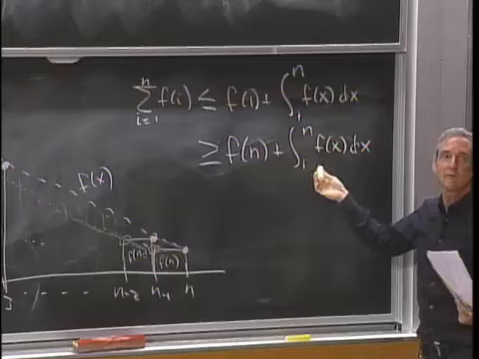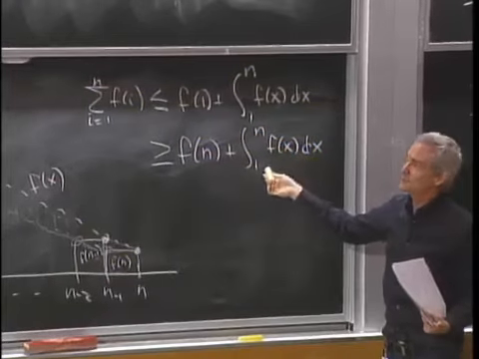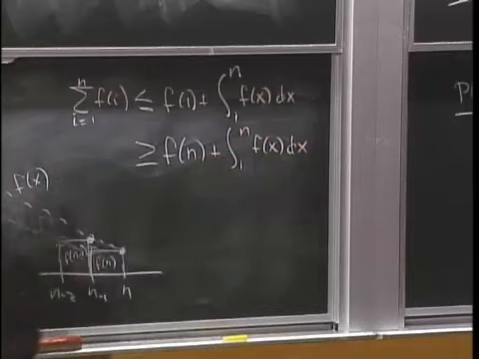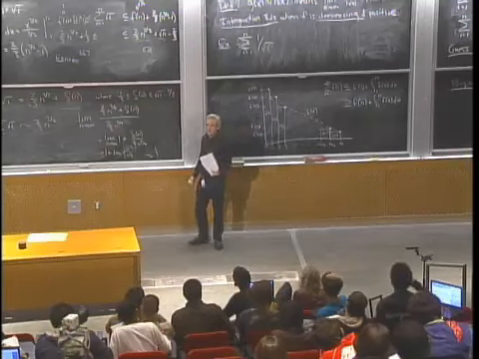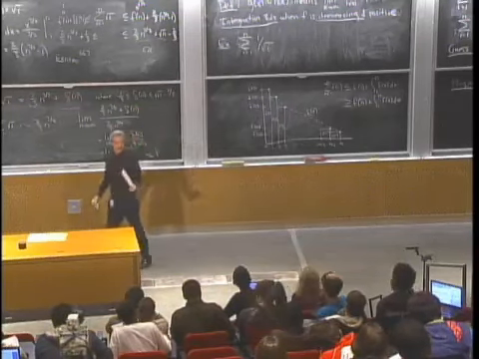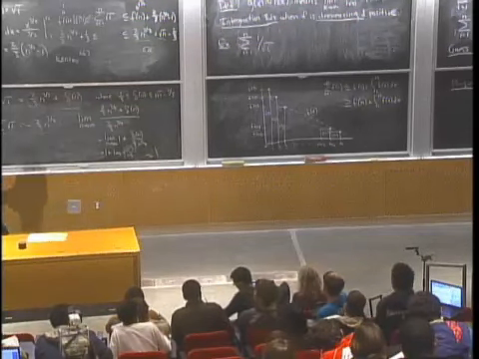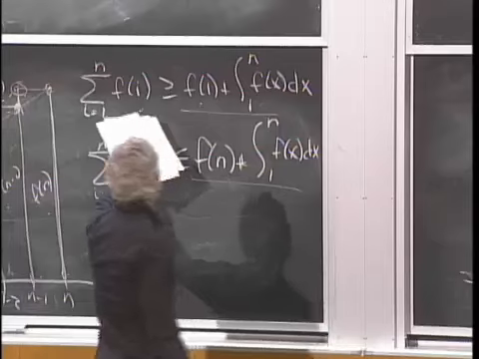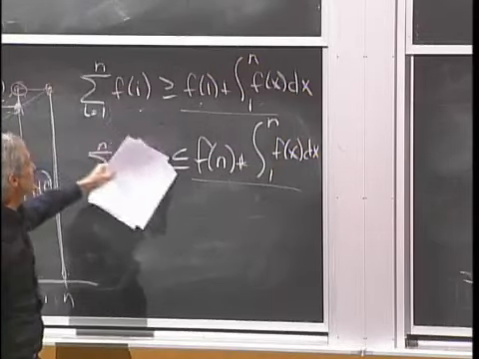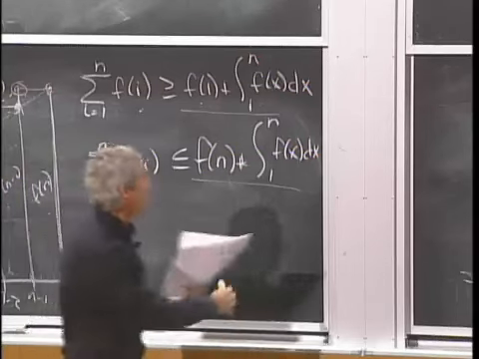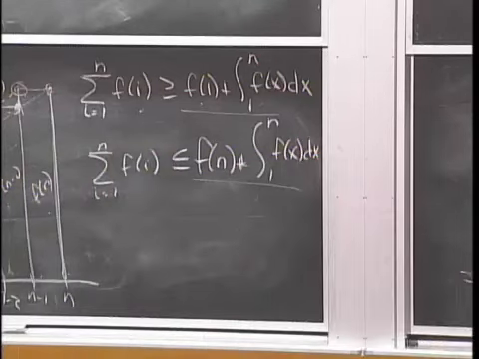Now, what's really weird about these formulas? Do they look familiar? Yeah, I switched them. They're the same formulas we had over here, except we switched the direction on the less than and greater than signs. Or I swapped f of 1 and f of n, however you want to think about it.